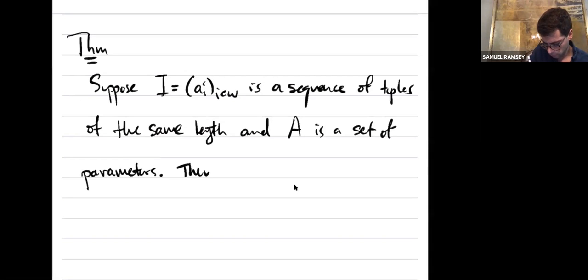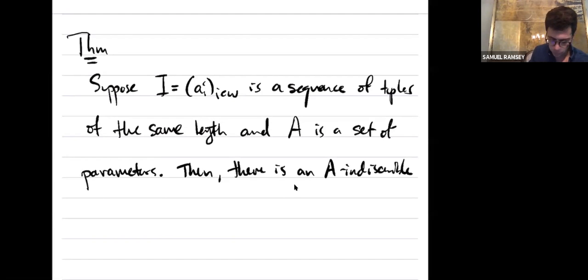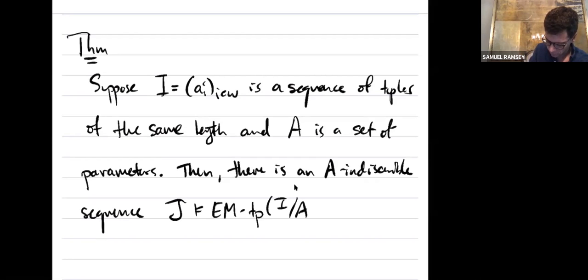Then there is an A-indiscernible, or A-indiscernible means the same thing as indiscernible over A, sequence J that realizes the EM type of I over A.